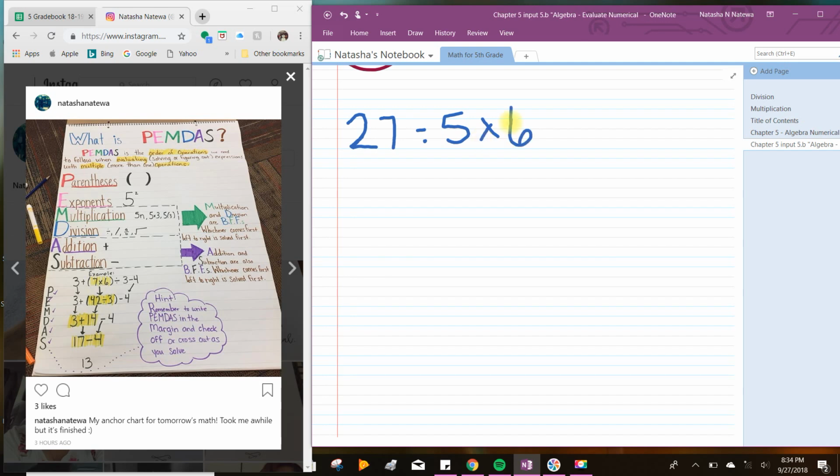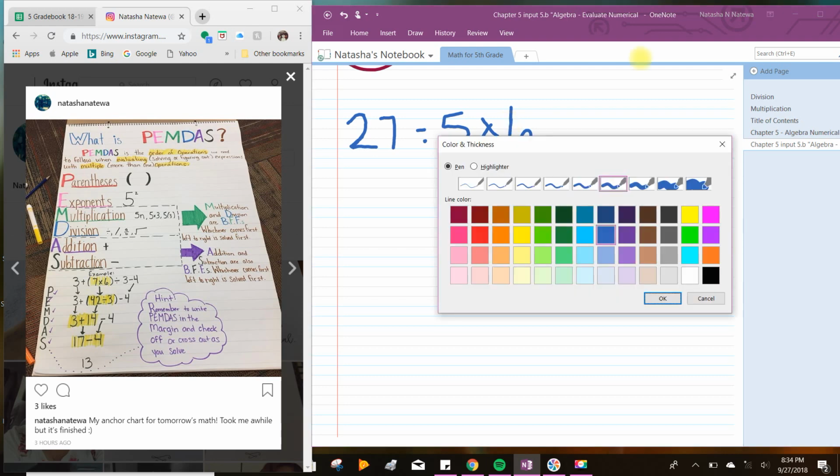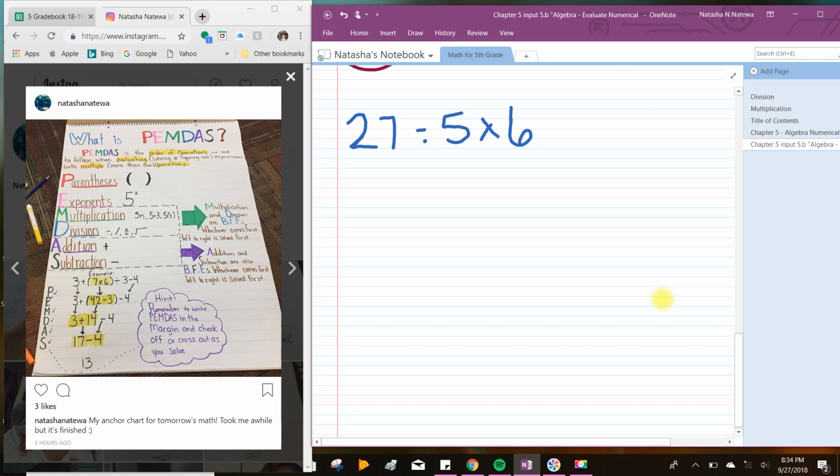Then let's write PEMDAS again in the margin. Don't write as big as I am, guys, because I'm not very happy with my handwriting right now, but oh well.